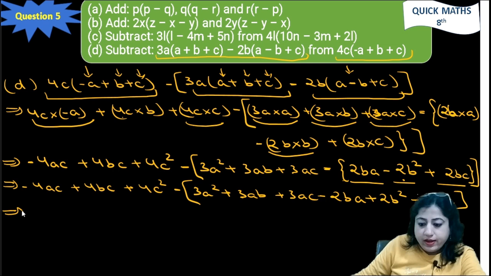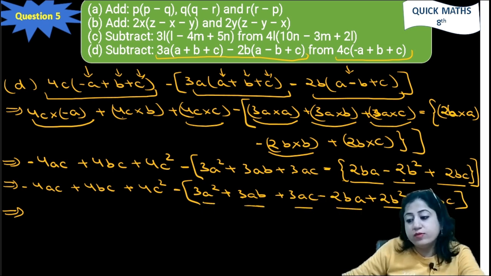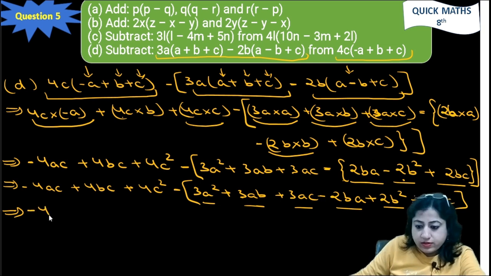Now again, for the square bracket, minus is before the bracket, so while opening the square bracket, the sign of each term inside the bracket will be changed. As this is minus 4ac plus 4bc plus 4c square.